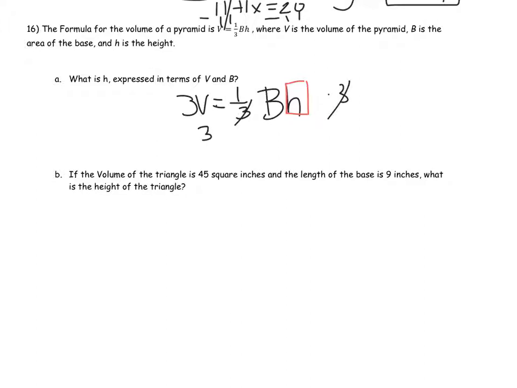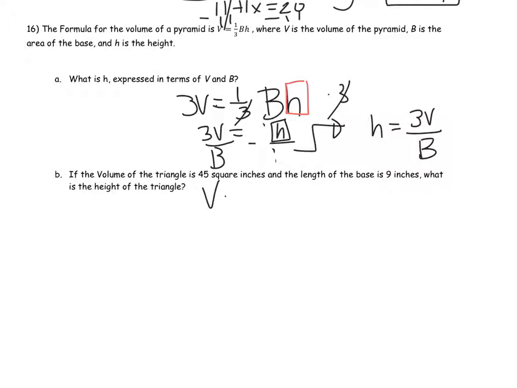So now I have 3V is equal to big old B times H. Now divide both sides by big B. And you have that big B, not big B, H, because that canceled out. H is equal to 3V over big B.